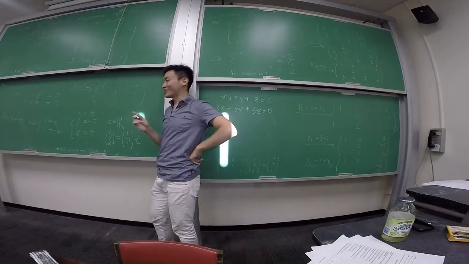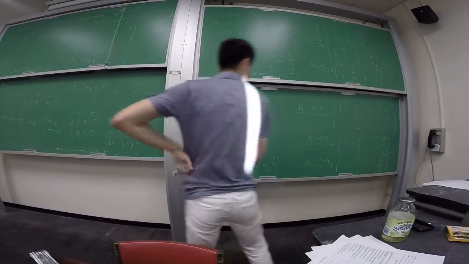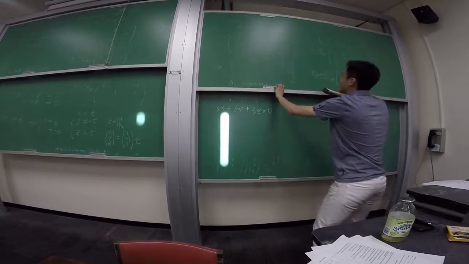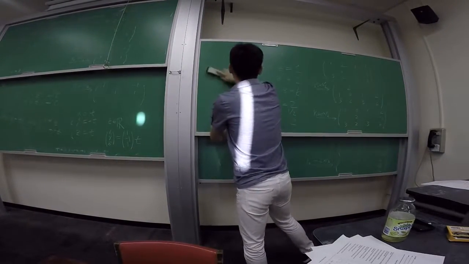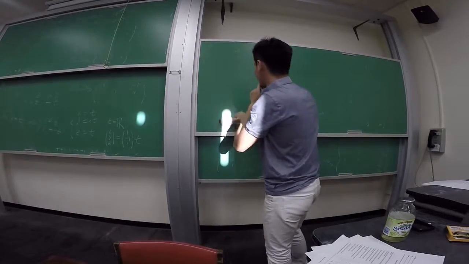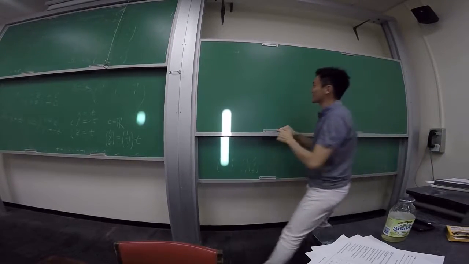Maybe the sentence is not clear, but I will give you another example to make my statement clear. So let's just suppose that after reducing a homogeneous equation, I got a system like this.